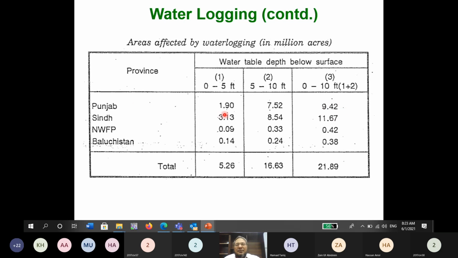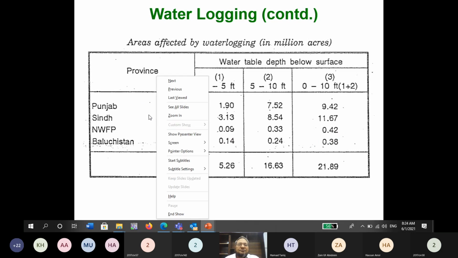Whereas in Sindh, it is 3.13 million acres severely waterlogged area, and less severely waterlogged area is 8.54, and the total is 11.67. In NWFP, it is very little, 0.09 and 0.33. The total area is 0.42. And in Balochistan it is also very less, 0.14 and 0.24, and that is 0.3 million acres.